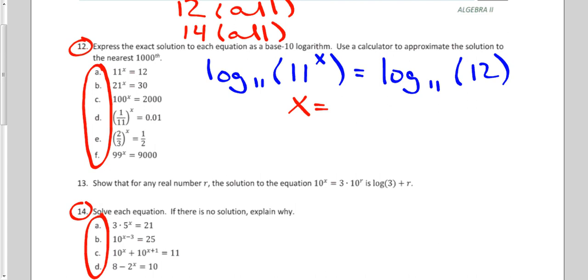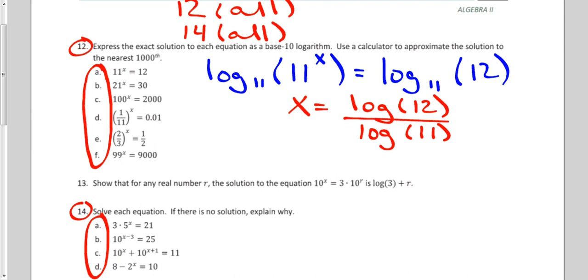Who remembers the change of base formula? Log of 12 over log of 11, right? What's the base of these logarithms right here? I'm not writing the base down, so the base must be 10, right?